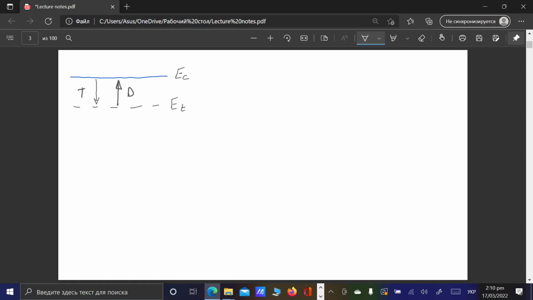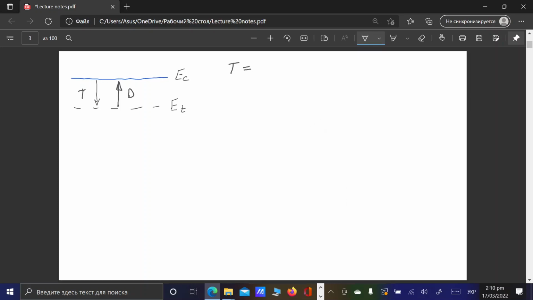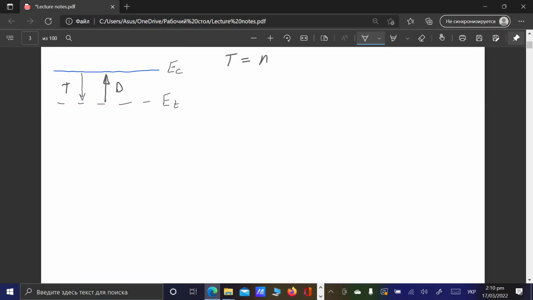So for the trapping rate, we can write that it will be equal to the concentration of electrons in the conduction band, the mobile electrons, then their thermal velocity, the cross-section area, sigma n, and the number of available localized energy levels which are not occupied, meaning the total concentration of these defects minus NT, which is the concentration of trapped electrons.